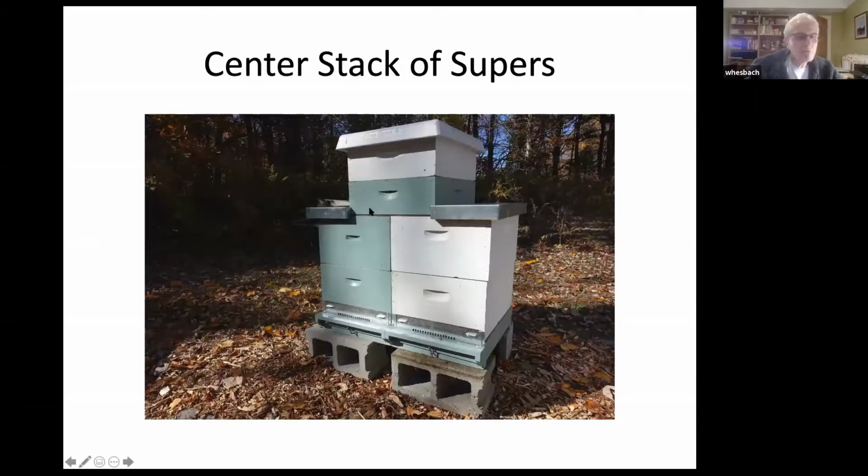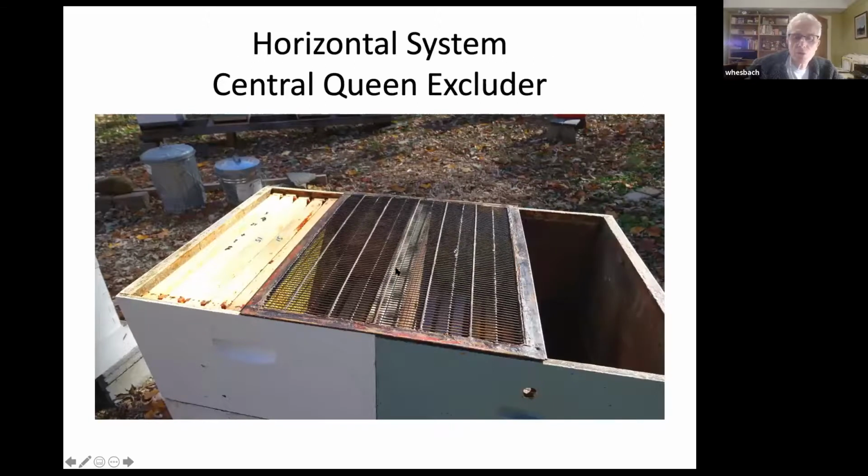So in a vertical system, you have free mixing of bees. But in a horizontal system, for these bees to mix, they would have to crawl over this separation and get into the next box. Let me show you that. Here is how it is if you took off the super and had just one side.